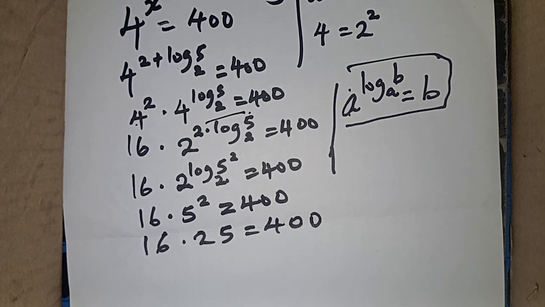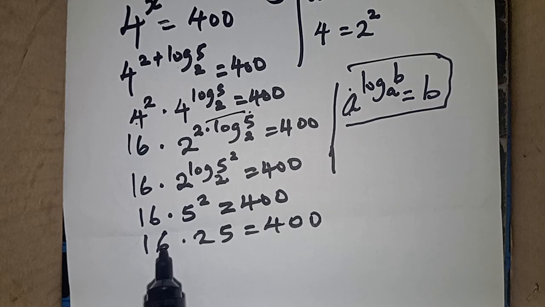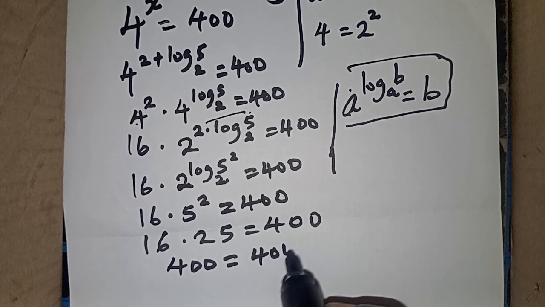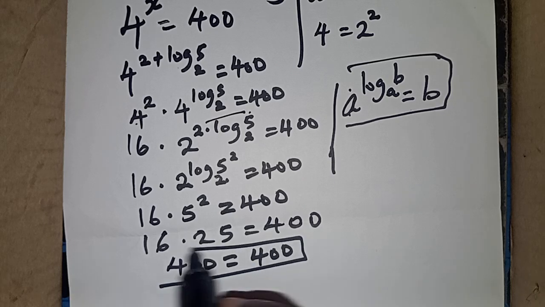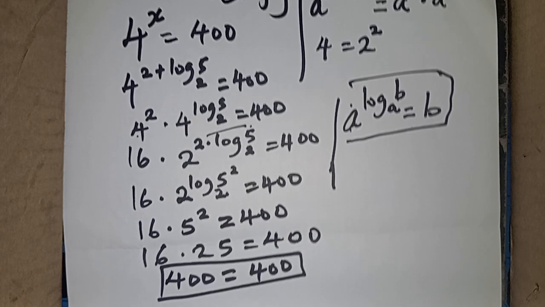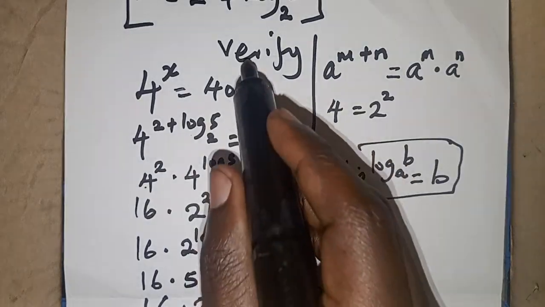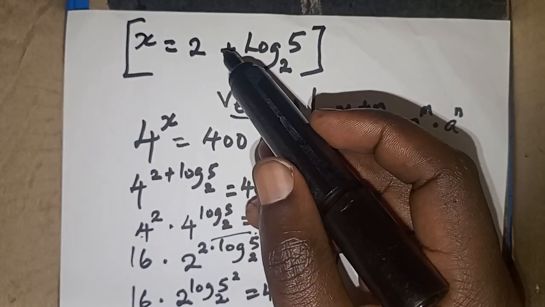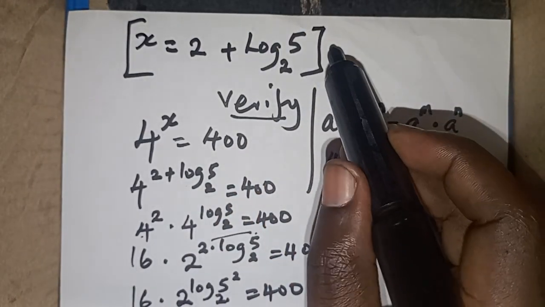And guys, if you take your calculator and punch in 16 multiplied by 25, you're going to end up with 400 equals 400. Hence our verification is indeed true that the value of x is 2 plus the log of 5 base 2.